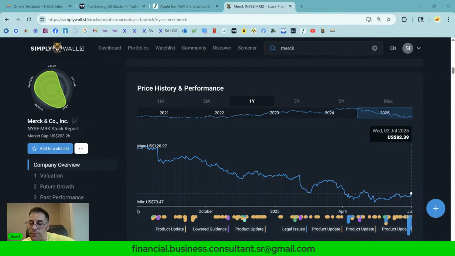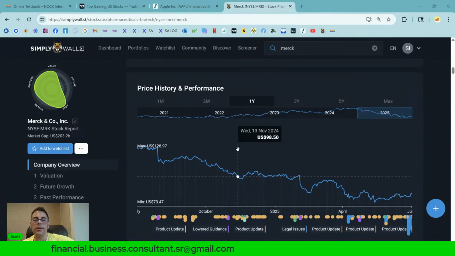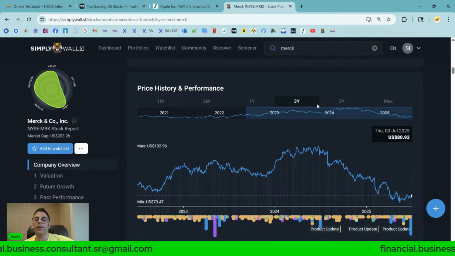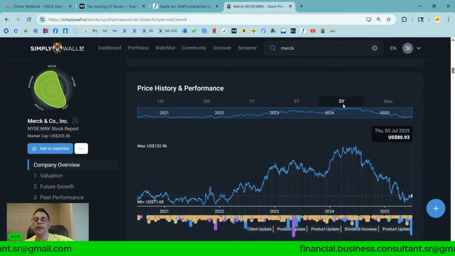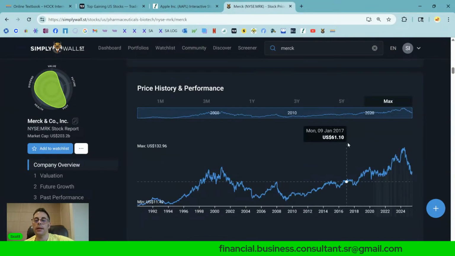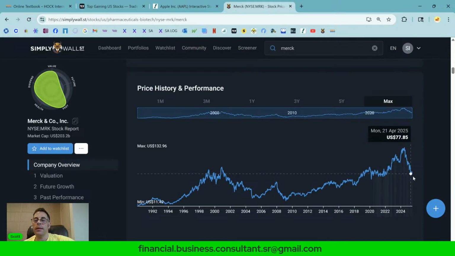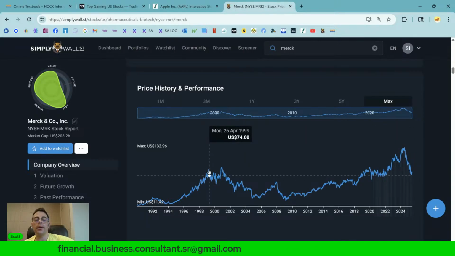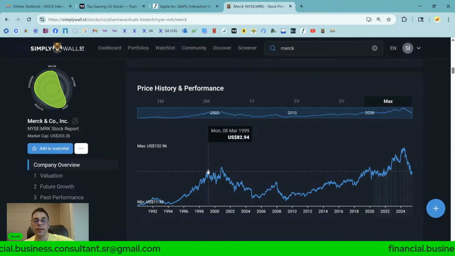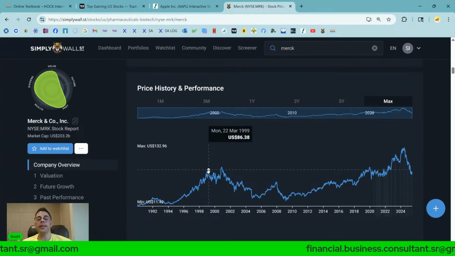Ever increasing dividends. It does look tempting. It does. So it's trading at 1999 levels. So why is there such a disconnect?